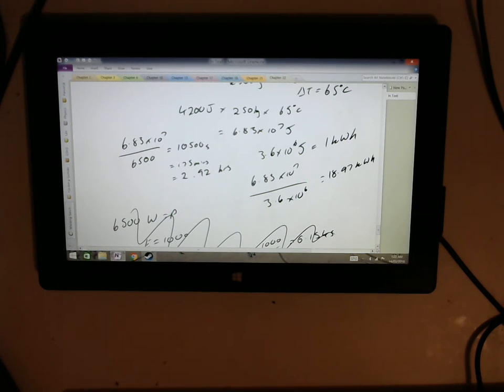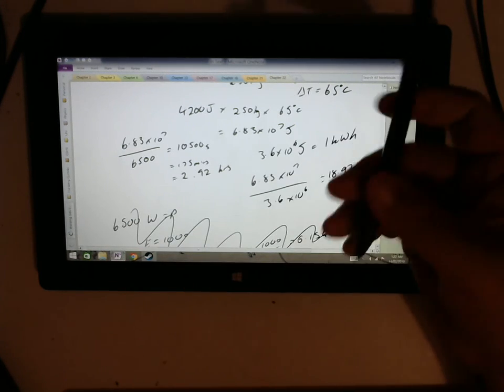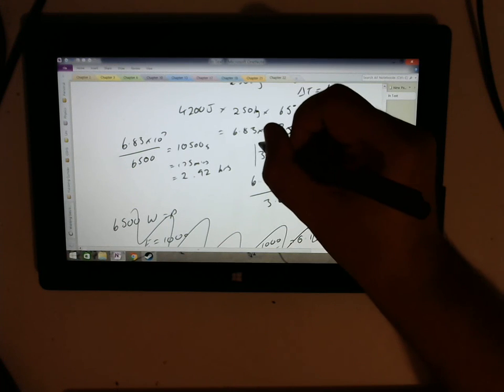So there should be a conversion factor, and I imagine looking at these numbers, we should be able to arrive at that conversion factor. So this could be a number that you could remember.